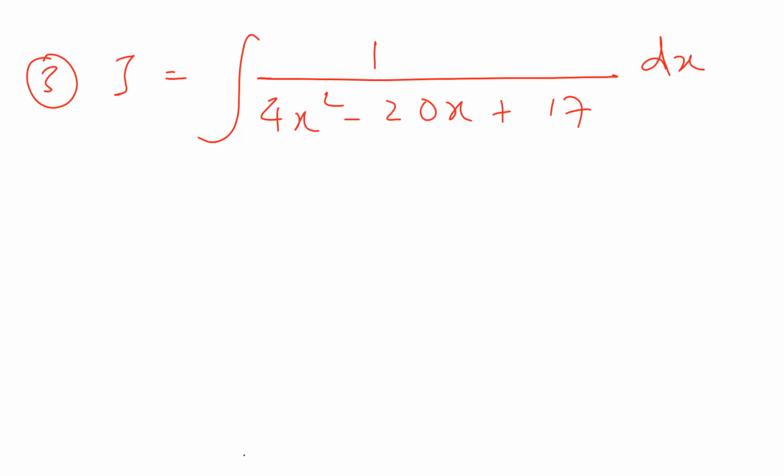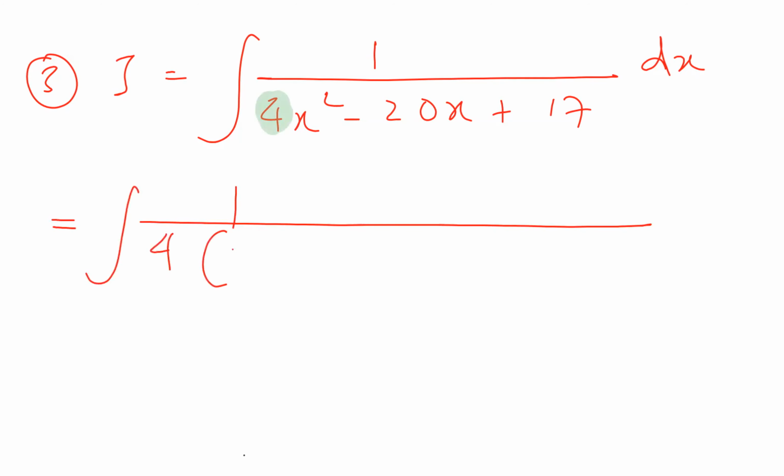Keep your basics in place. If I've advised you to do something, you are supposed to do that thing. Don't deviate from my instructions. So first eliminate 4, and that too very clearly. So I'm taking 4 common because 4 is besides x square.